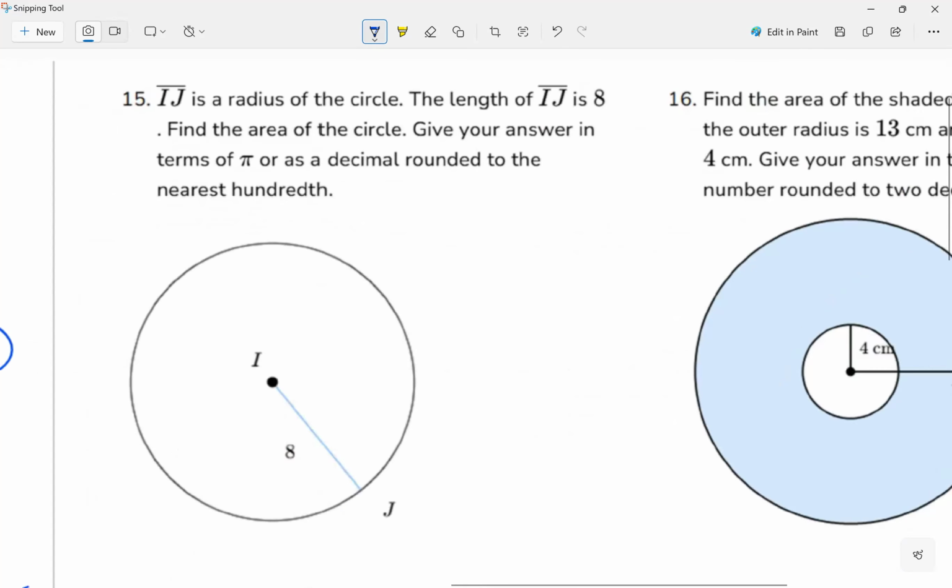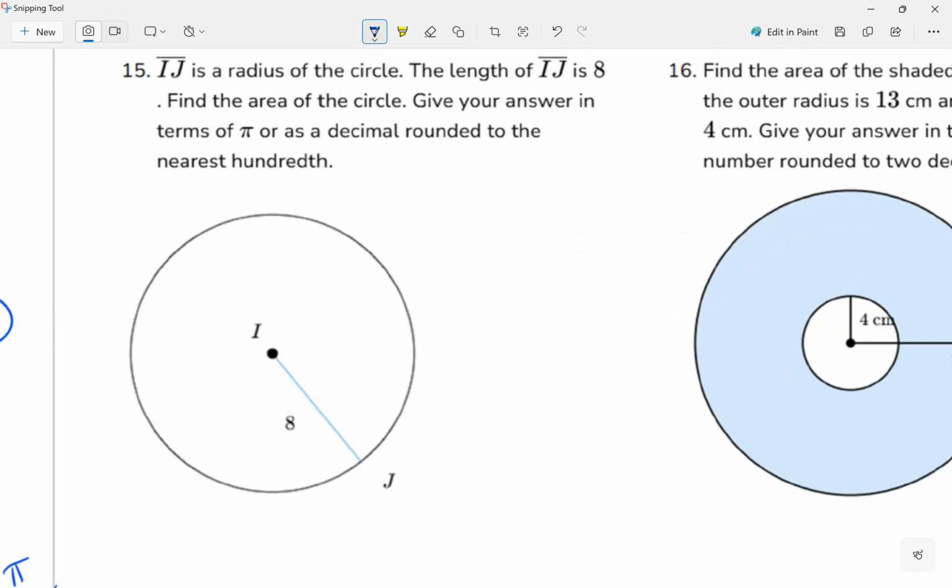Okay, so find the area of the circle. The radius, as we can see, is 8. From the center to the edge, that's the radius. Now remember, the area of my circle is radius times radius times pi. So I'm gonna go 8 times 8 times, now the pi, let me use the number 3.14.